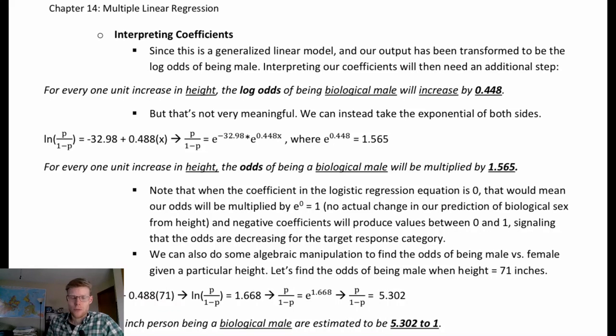So that means that for every 1 unit increase in height, for every 1 unit increase in this x value right here, the odds of being a biological male will be multiplied by e to the 0.448.